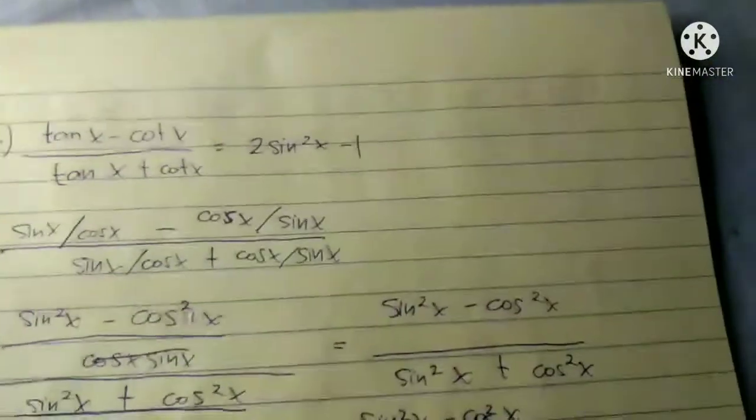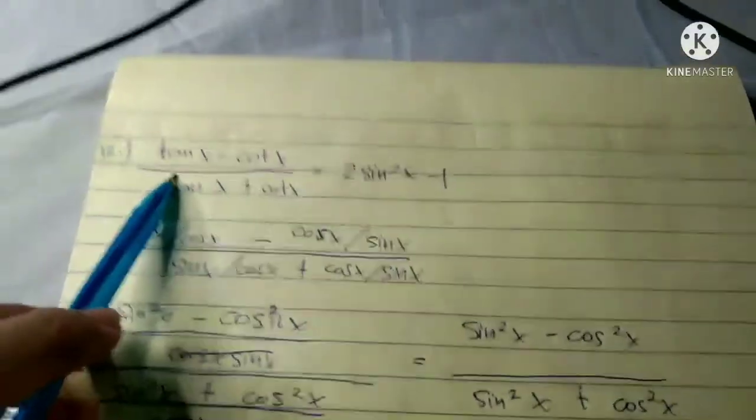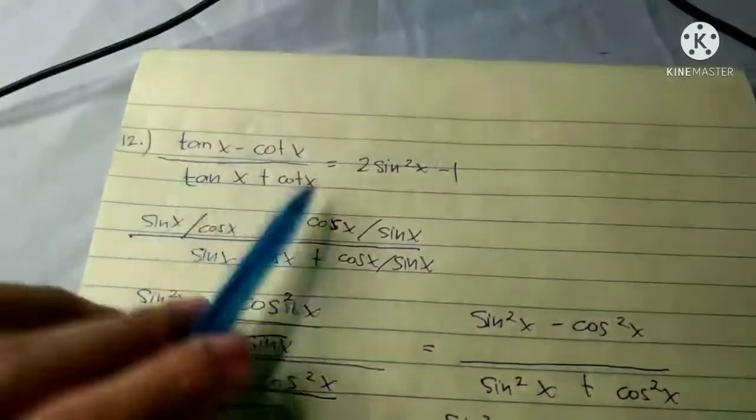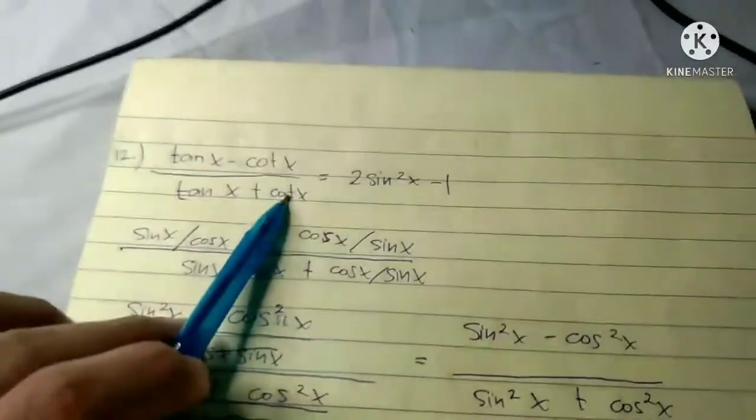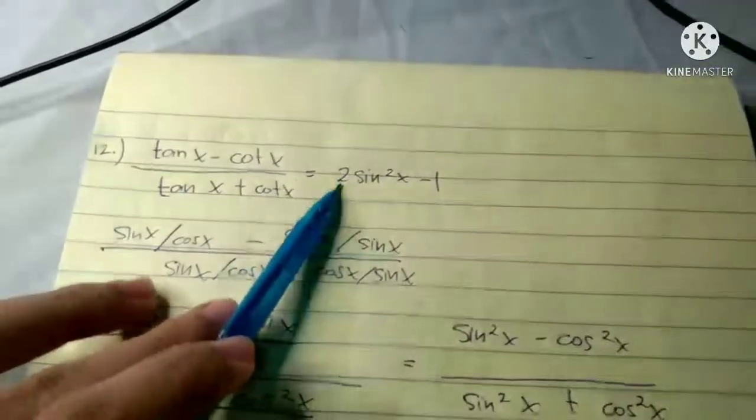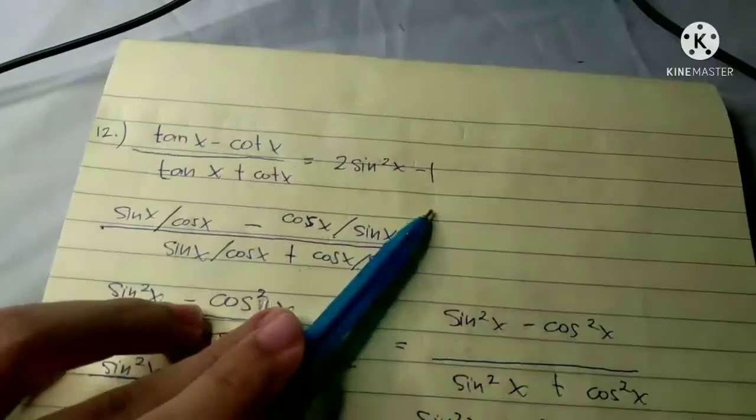Now we are in number 12. So we have here tangent x minus cotangent x over tangent x plus cotangent x equals to 2 sine squared x minus 1.